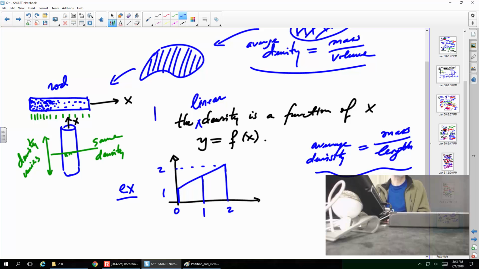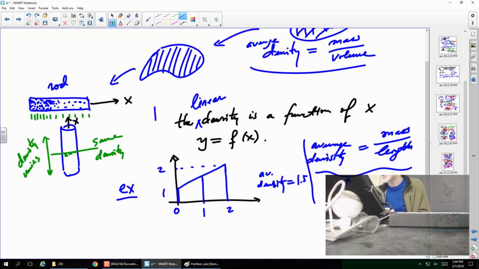What's the average density? 1.5. Okay, so just intuition tells you that there is nothing fancy going on. That will be the average density between 1 and 2, and it varies in a linear fashion. And now let's understand the 1.5 in terms of this formula.